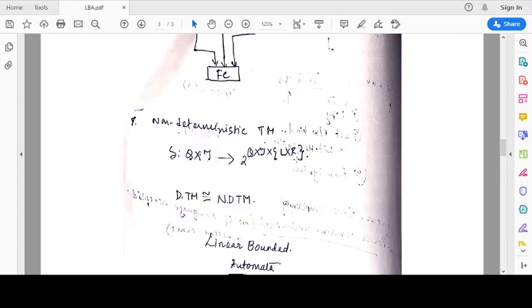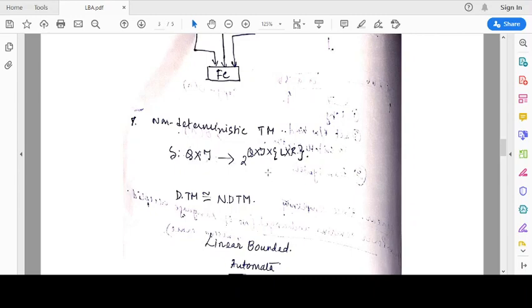It may be the case that you are in state q1 with tape symbol a, and you are moving to state q2. The tape symbol remains the same, and you're moving to the right direction. Okay, this is one transition. Again, for the same state q1 and the same tape symbol a, you can go to the next state q3.